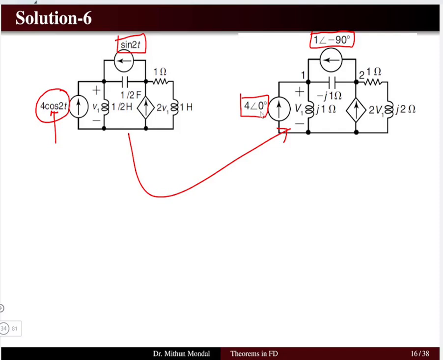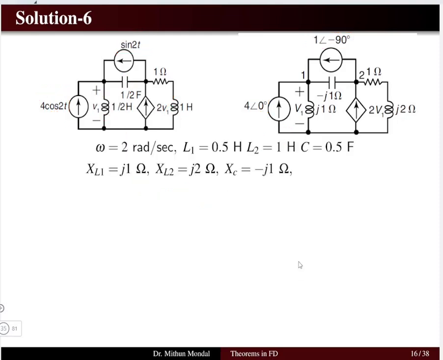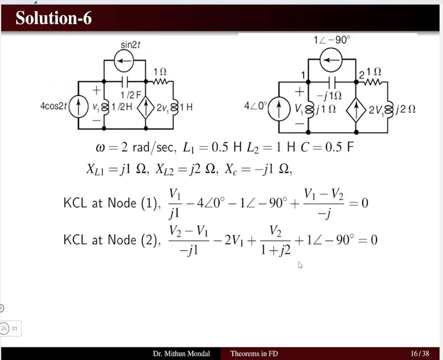So we have taken 0 degrees here and minus 90 degrees here because the sine function is there. Next, we will convert the inductors and capacitors into their equivalent inductive reactance and capacitive reactance. Once we have done that, we can apply the theorems.